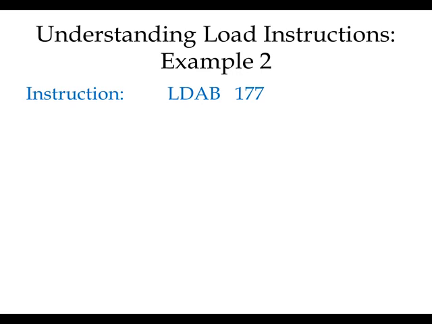It's direct, because LDAB has direct mode, and we know that some of the instructions do not have direct mode, so for those we always consider extended, right? So this is an address, so we know that. Now we know by the instruction that we are loading into where? Accumulator B. What is going to be loaded?